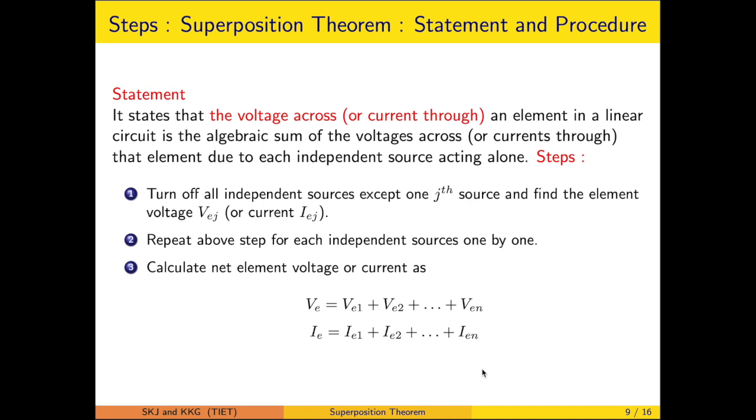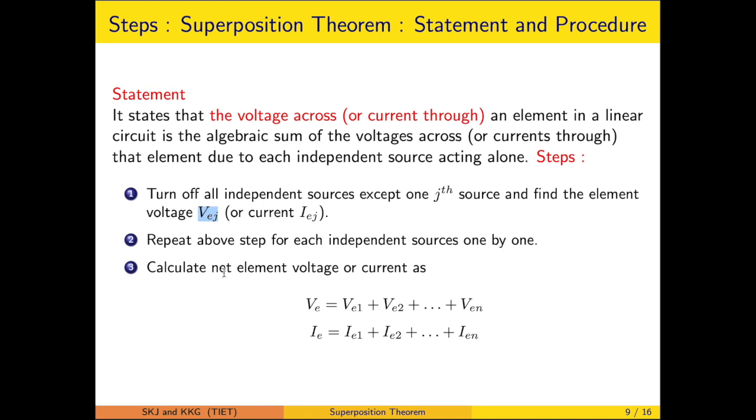The element voltage is subscripted with VE, similarly the current with IE. With the jth source under consideration, it gives a double subscript nomenclature VEj or IEj. Now the above procedure has to be repeated for each independent source one by one.